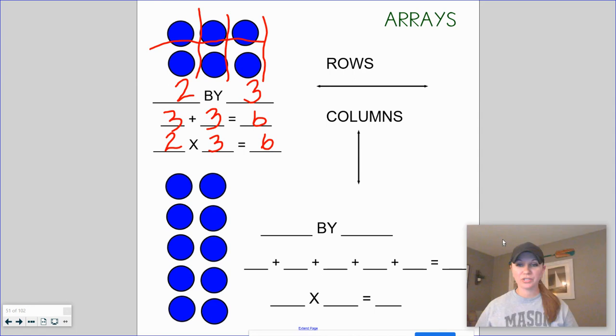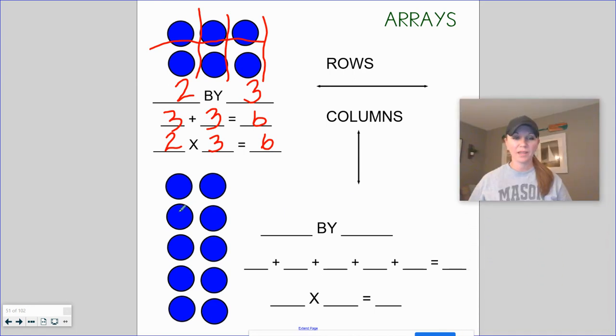All right, so let's hop over to this bottom example here. Let's see how many rows we have. So we'll go side to side first. We've got 1 row, 2 rows, 3 rows, 4, and 5. Sorry, guys, I always try to write straight with these markers here on the computer.